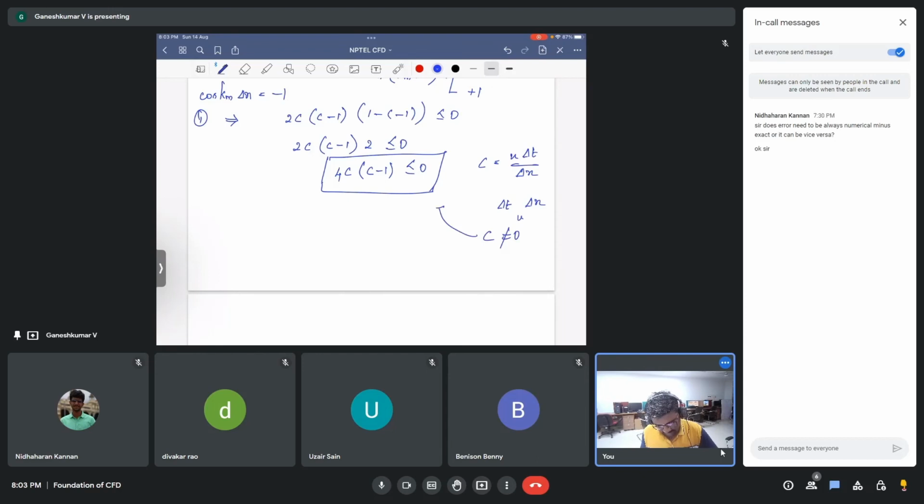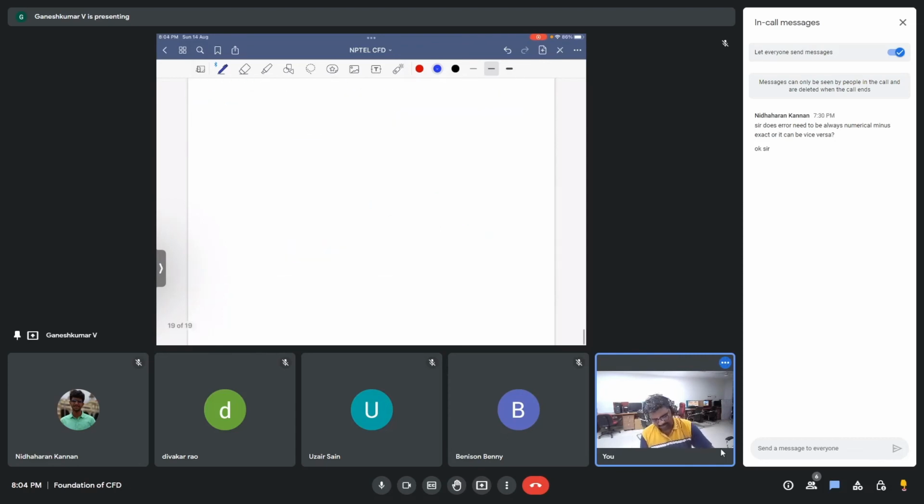So if c is not equal to 0, what happens? c minus 1 should be less than or equal to 0, it's just 4c goes there. c minus 1 less than or equal to 0 means c should be less than or equal to 1, right? Which means u delta t by delta x should be less than or equal to 1. This is case 1.